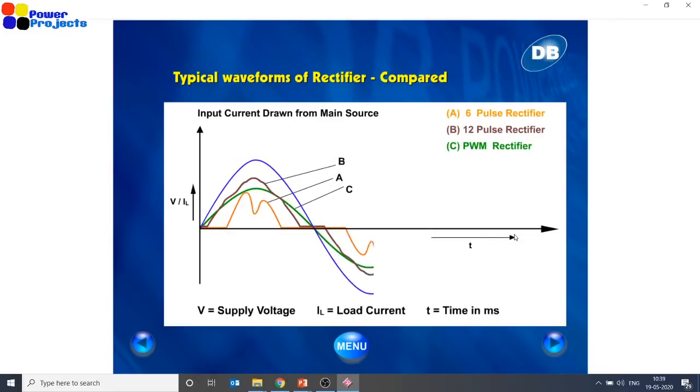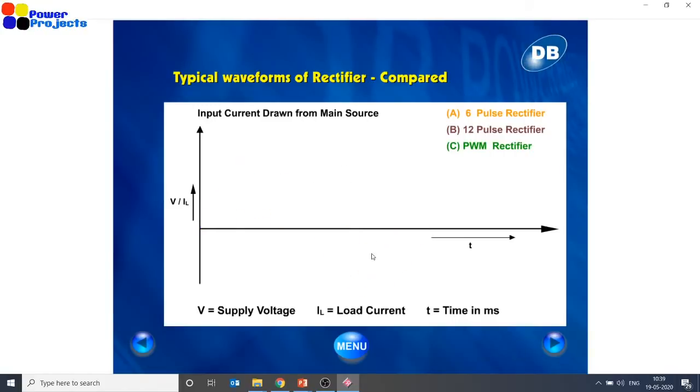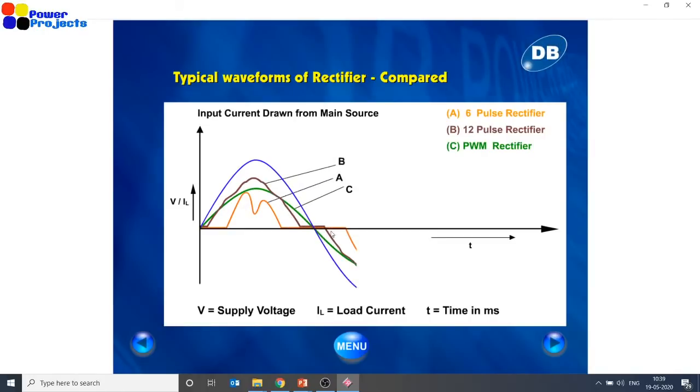Starting from there might be a good option rather than starting simply from some simulations. This is a quick comparison. You can see the current wave shape of the 6 pulse rectifier, and the 12 pulse is definitely enhanced compared to the 6 pulse, but still has some harmonics.